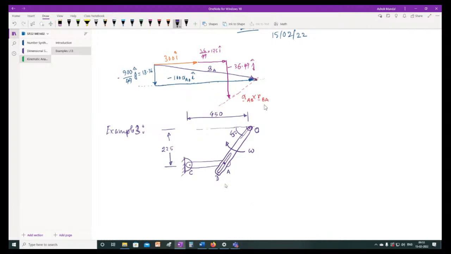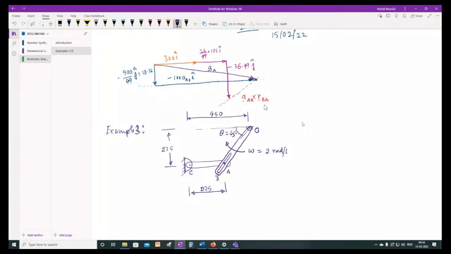Also, from this point to this point, the distance is also 225. As I said, this angle theta equals 45 degrees, and omega of this is given in radian per second.